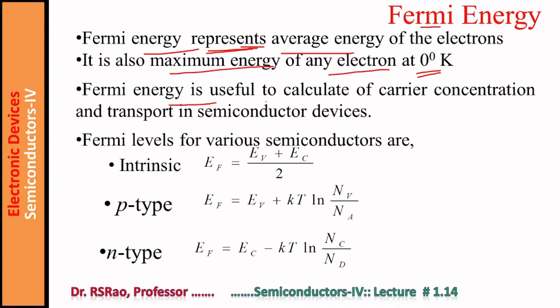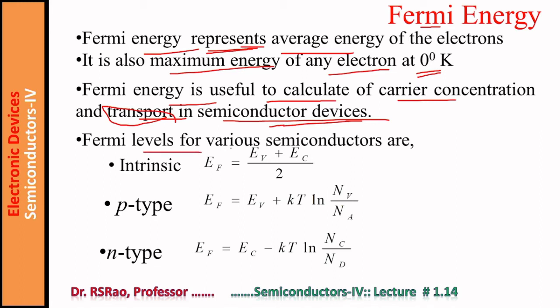Fermi energy is useful to calculate carrier concentration and transport in semiconductor devices. Transport phenomena, analysis of currents in semiconductor devices, require Fermi energy and Fermi function. Hence their importance in semiconductor physics.